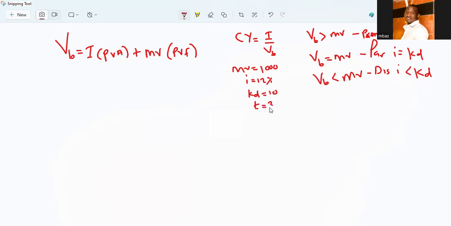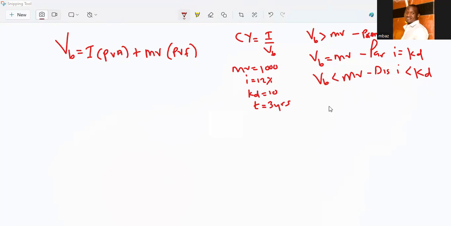Already from the interest rate, what type of bond is this? A par bond, discount bond, or premium bond? The coupon interest is more than the market rate, so this is already a premium bond, as you can see.